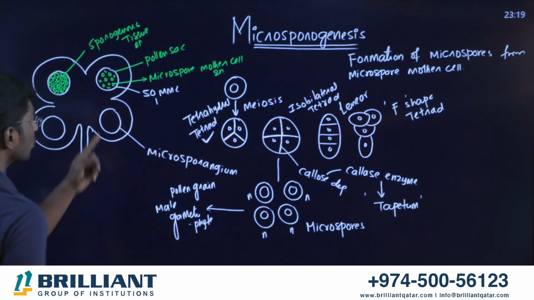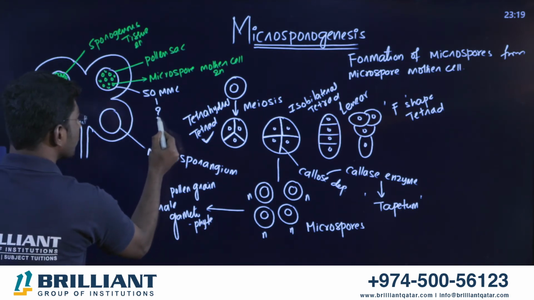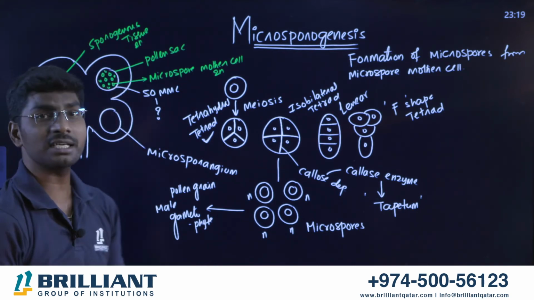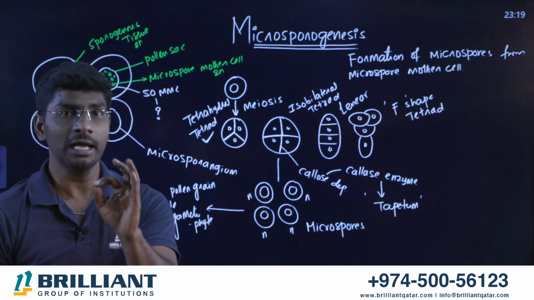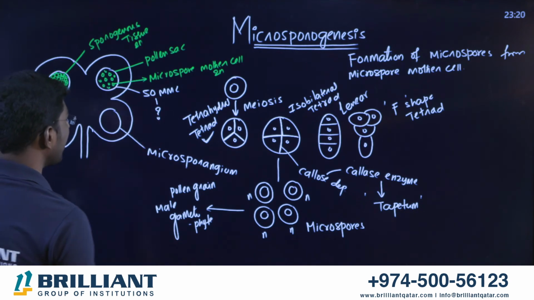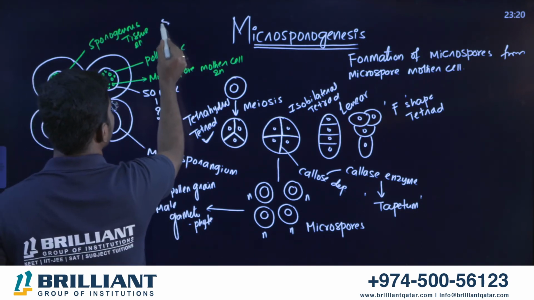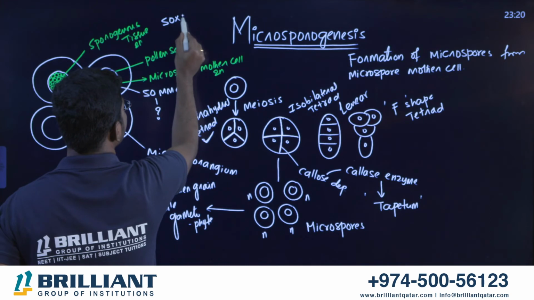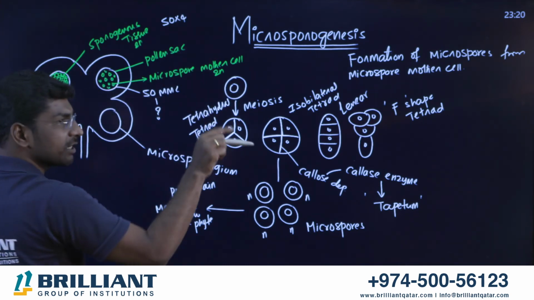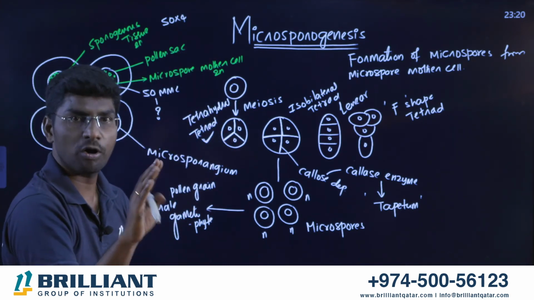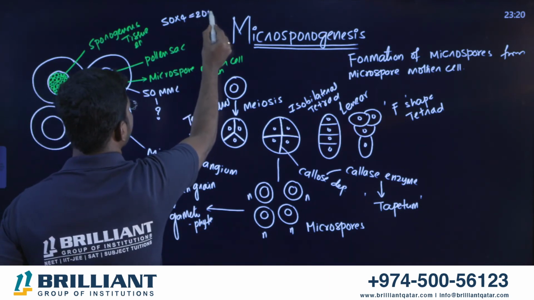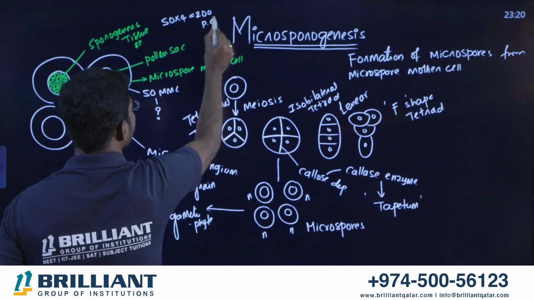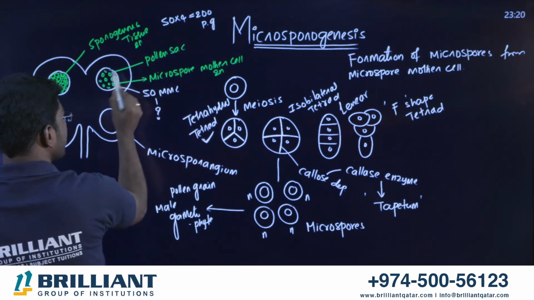So what is the total number of microspores from a total dithecous anther? Let me take this question. So 50 MMC into 4. That means one microspore mother cell will give 4 microspores or 4 pollen grains. So that is equal to 200 pollen grains in one microsporangium.